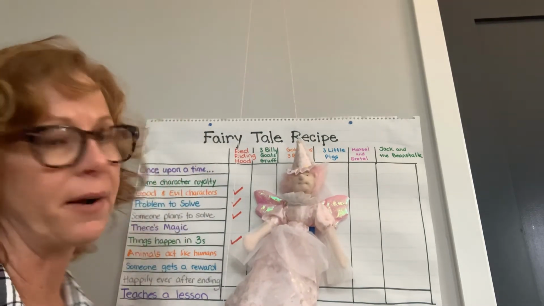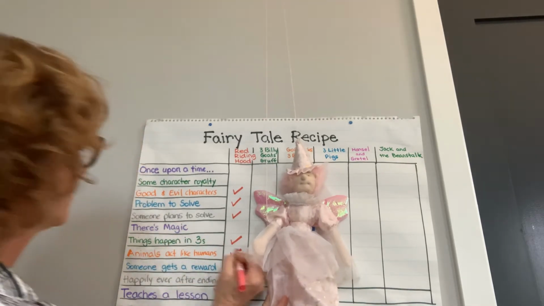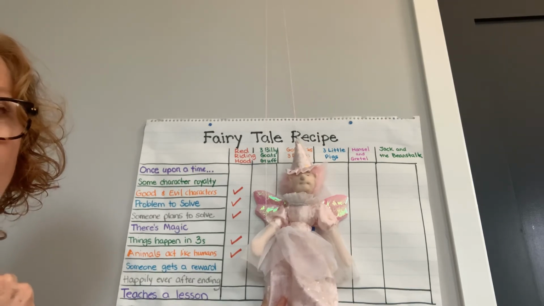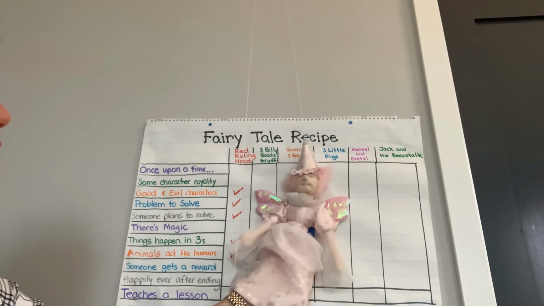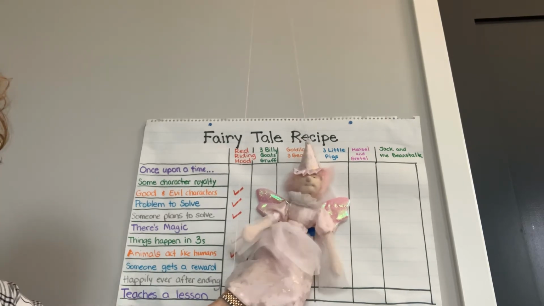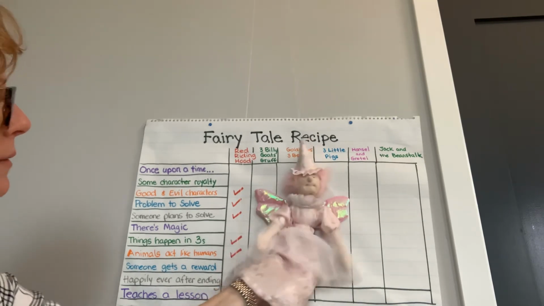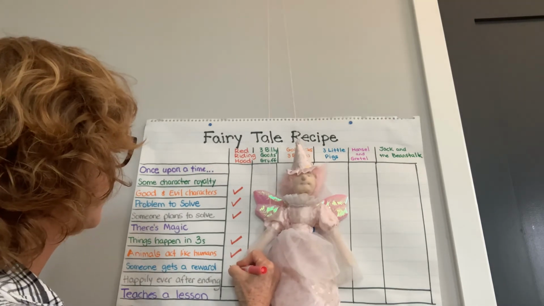I agree, Sparkle. Does somebody get a reward? What do you think, Sparkle? Yeah, I mean, Granny and Little Red Riding Hood, they get their life back. I mean, that's the biggest reward you could get, right? Yeah, okay. I agree.